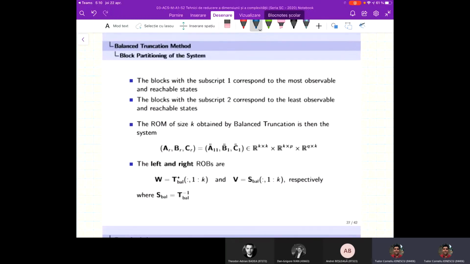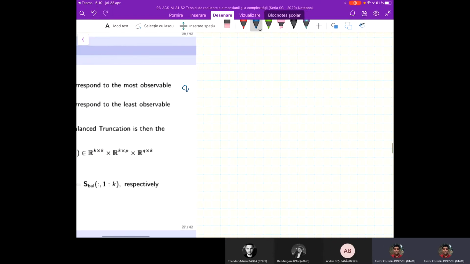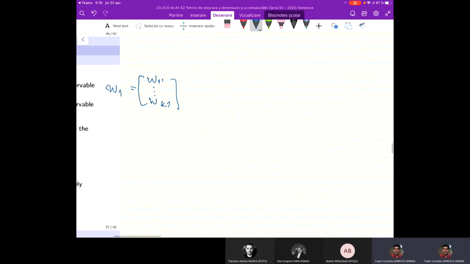The blocks with the subscript 1 correspond to the most observable and reachable states. Indeed, those are the states W1. W1 contains W11 up to Wk1. These are the states corresponding to the large Hankel singular values, sigma 1 up to sigma k.